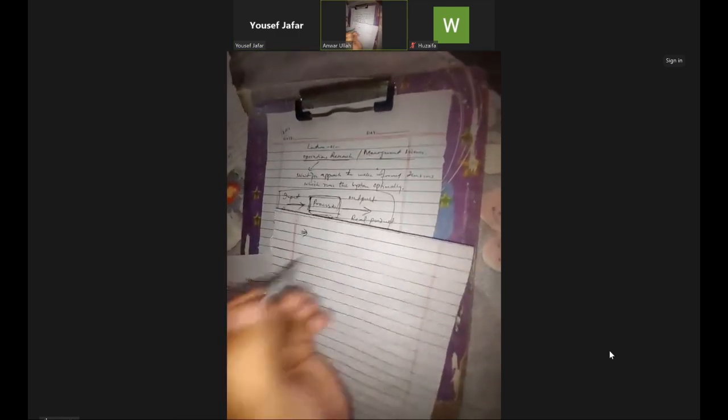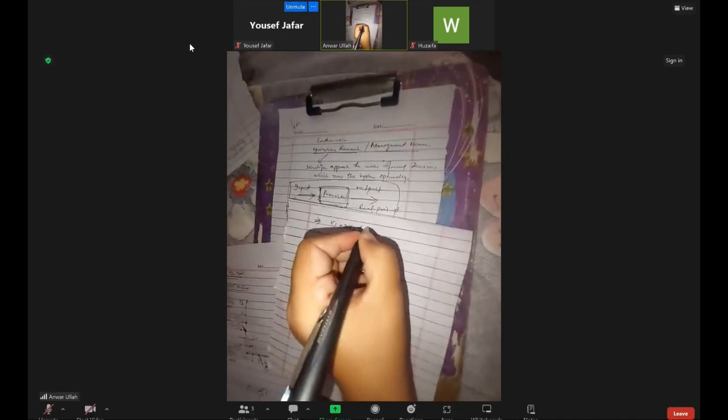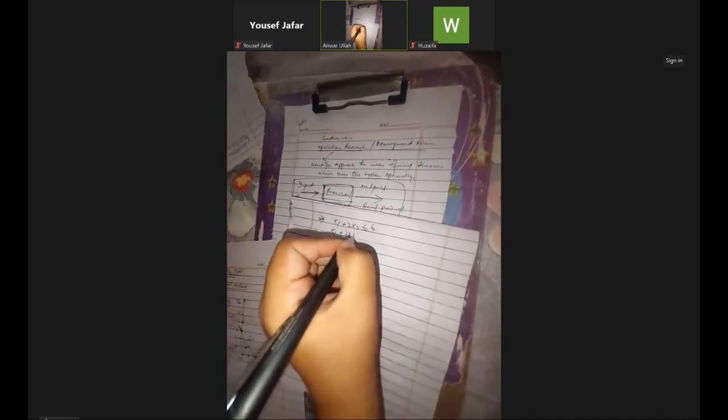Now taking the second constraint. The second constraint is x1 plus 2x2 is less than or equal to 6. So first of all, what will we have to do here?